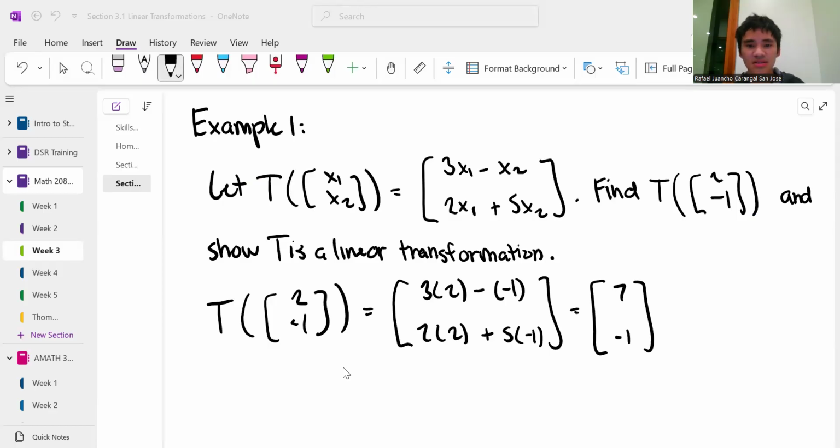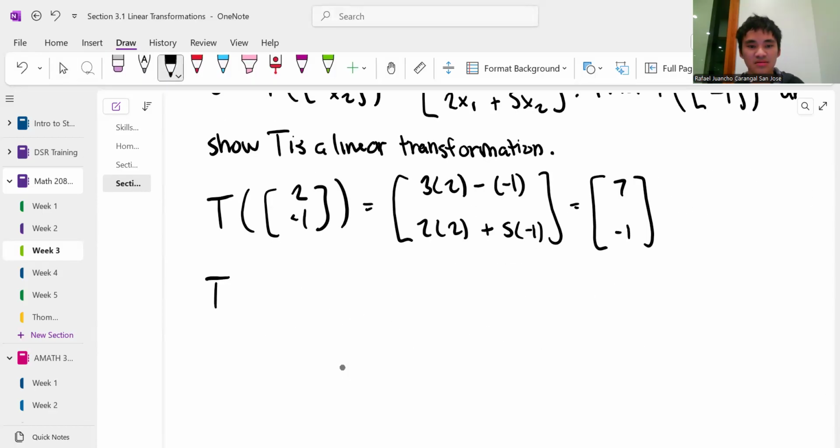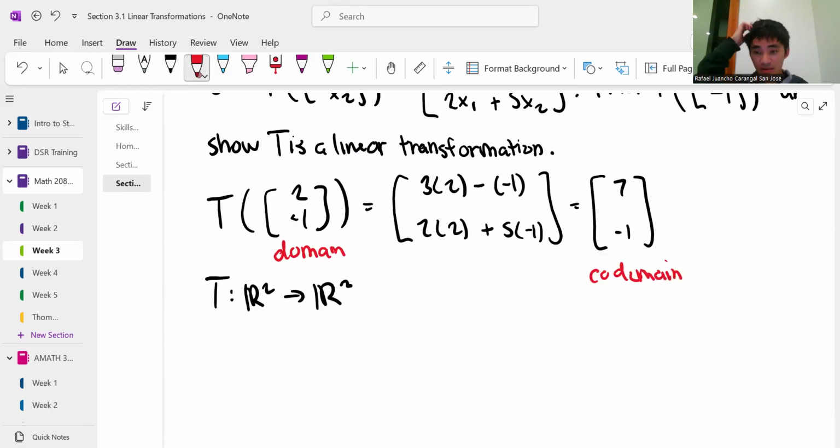So what does that tell us? This tells us that T started from R2 and ended at R2. This is the domain. This is the codomain. What's the image? This vector here is the image of u under T. So it's part of the range of T. What else can I say?